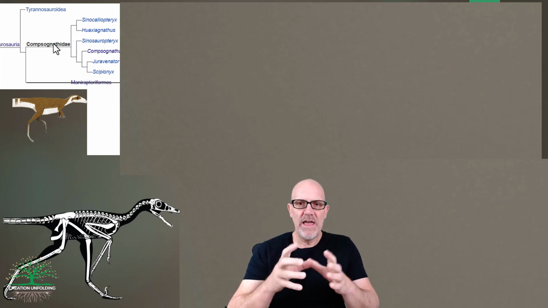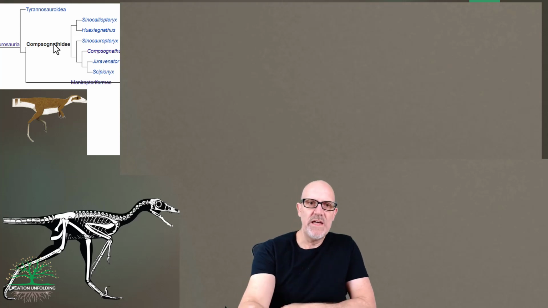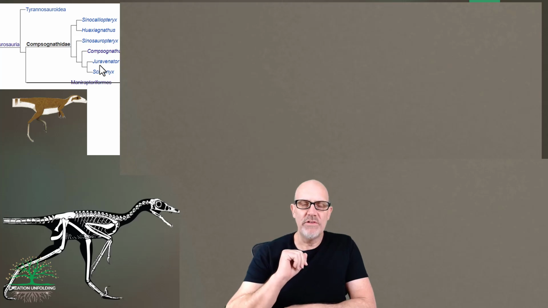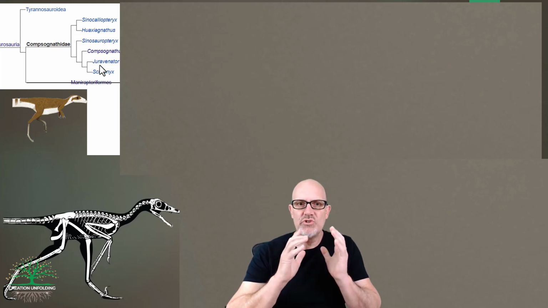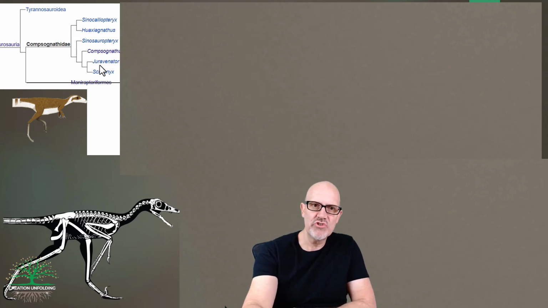That little group were called Maniraptoriforms, and that's what this group is here. So this cladogram is showing a group evolving out of this group, and they're called Maniraptoriforms. Now notice there were lots of other theropod dinosaurs that went on their merry way evolving, but they're sort of evolutionary dead ends when it comes to flight, so we're not interested in those groups. We're interested in the group that leads to birds, and that's this one.